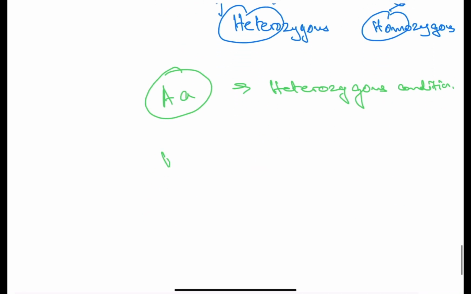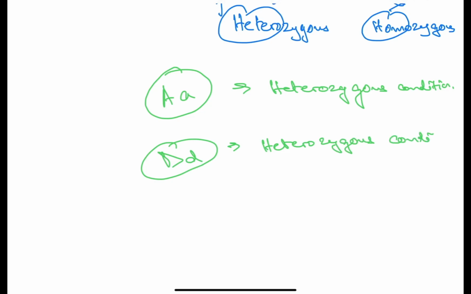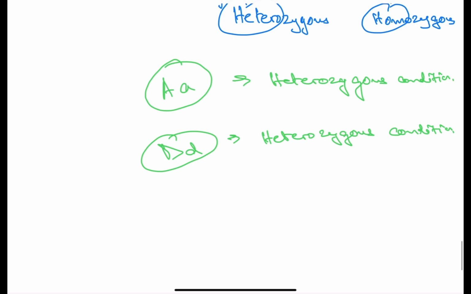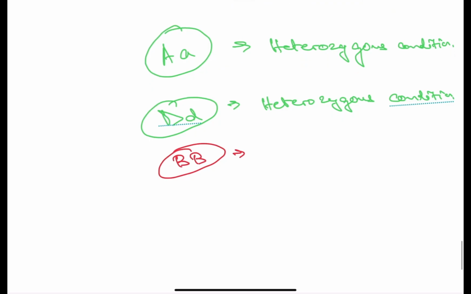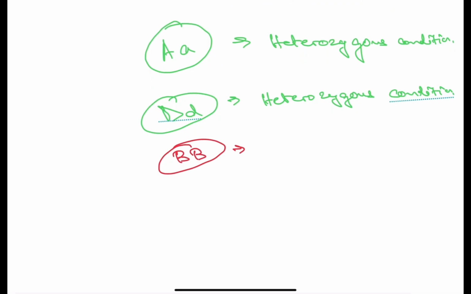Similarly, for capital D and small d, it is a heterozygous condition. But if capital B and capital B are in the zygote, it is called a homozygous condition.